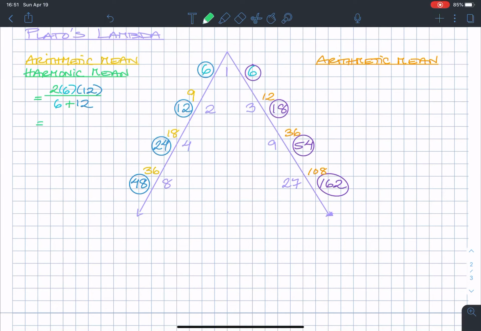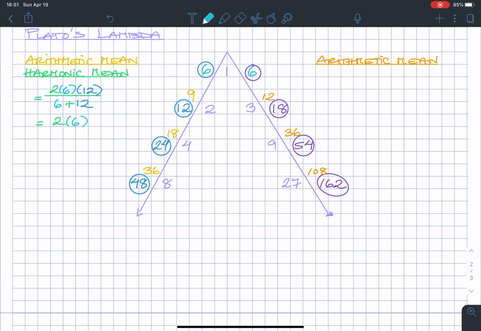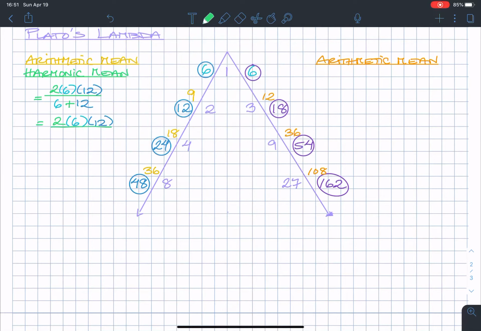Okay, so what do we have? So we have 2 times 6. I'm just going to leave this for a moment, times 12, because maybe I can cross cancel something. 6 plus 12 is 18, which is 6 times 3. So yes, I can reduce.